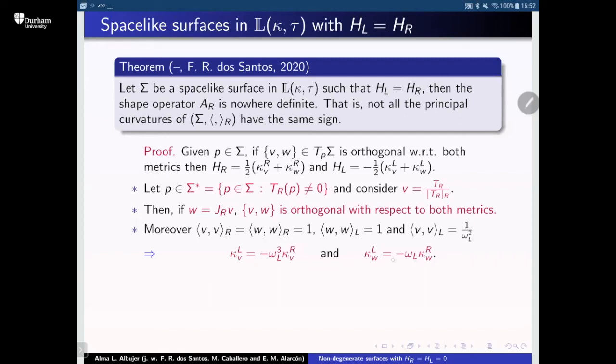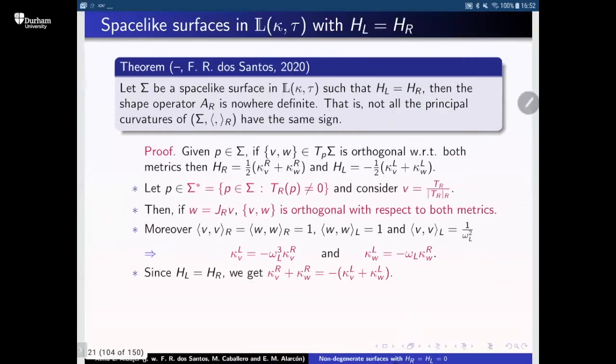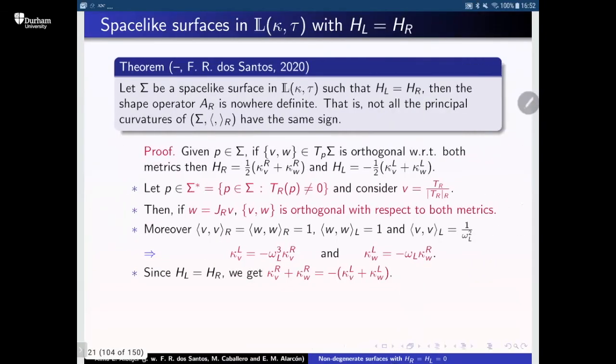The same with respect to W. And so, taking into account that both mean curvatures are the same, we should have this expression here, and combining these three expressions, we finally get that we can write the Riemannian normal curvature in the direction of V in terms of the Riemannian normal curvature in the direction of W, and we check that they cannot have the same sign, because this term here is always positive.